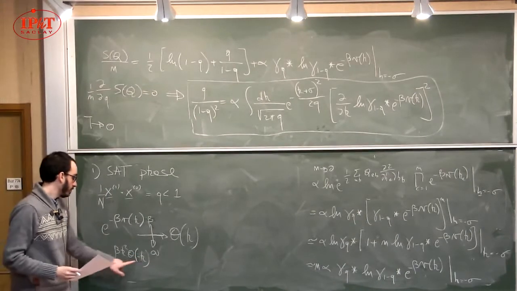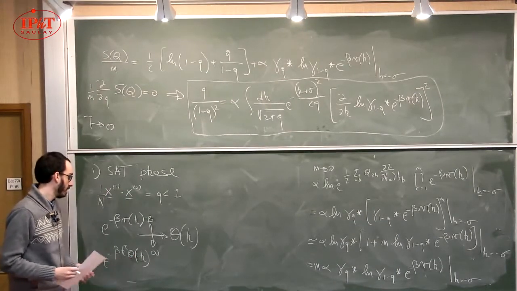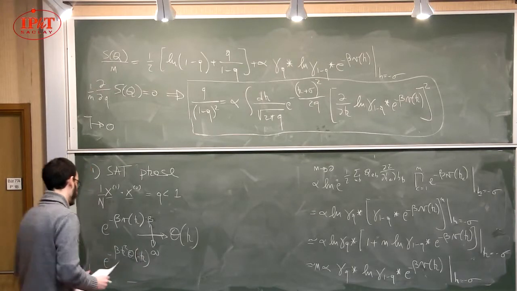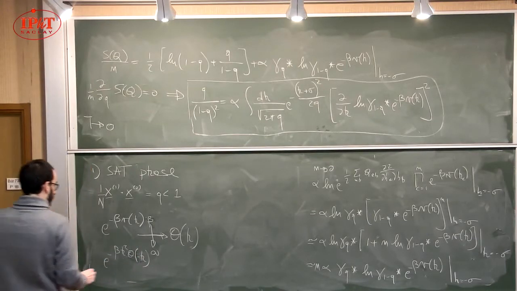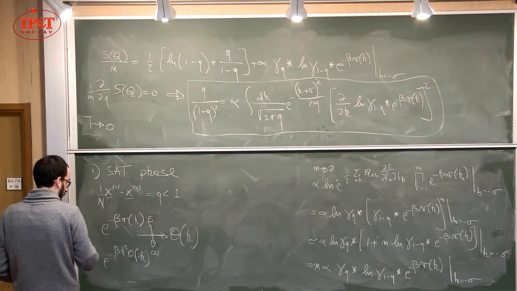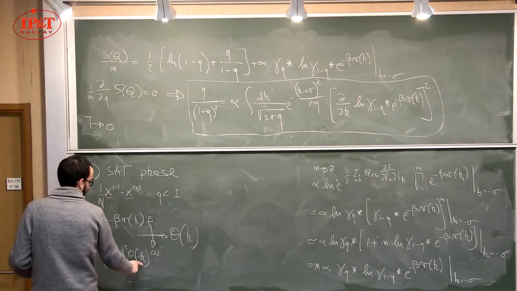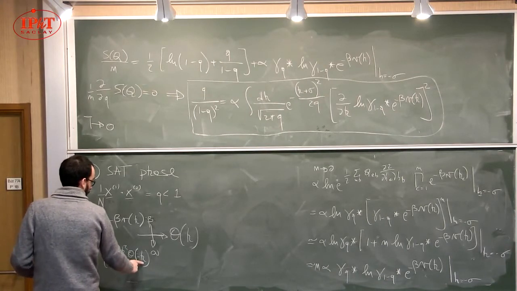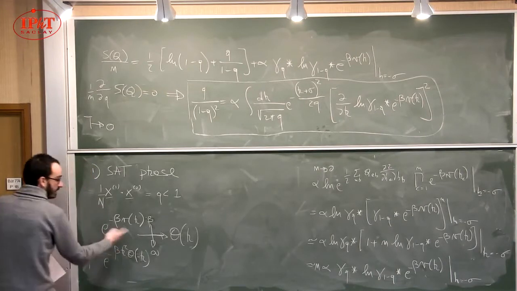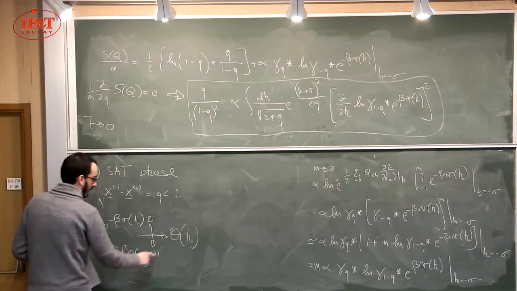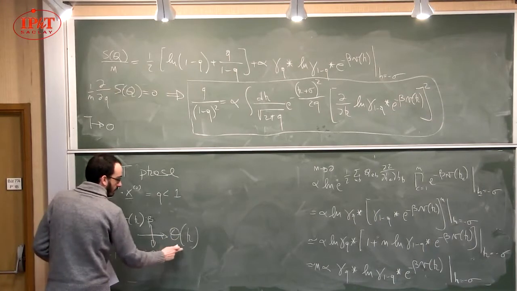So if h is negative, then you pay energy, then this gives you 0. So you want h to be positive, and that's why you get this theta.